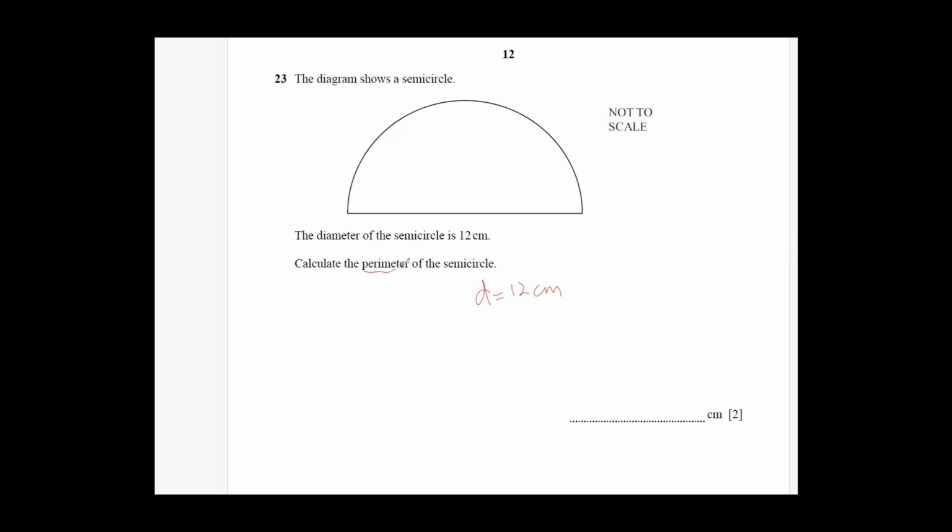For the perimeter of a circle, we have pi times d, pi d. And for the semicircle, it is half of pi d. So 0.5 times pi times d, where d is 12. So that is going to give us 6 pi.